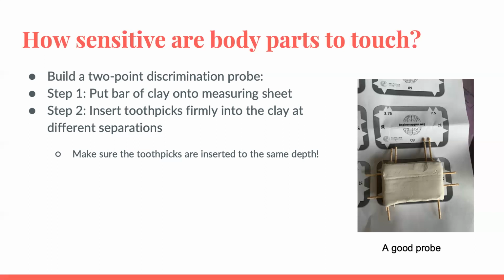You repeat that for all other measurements, which means after you're done, you should have a piece of clay that serves as a 2-point probe for a variety of distances, right? These two are very close to each other, while these two are another 2-point probe that's separated at a larger distance.